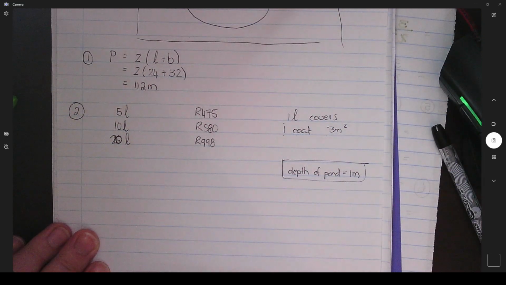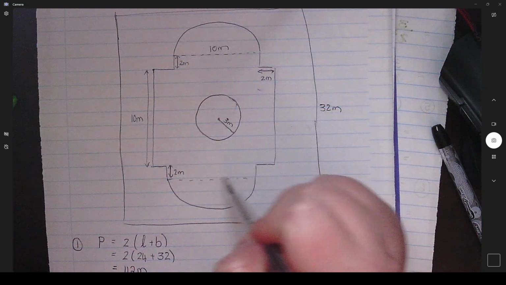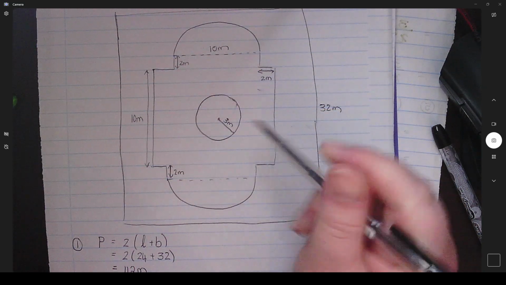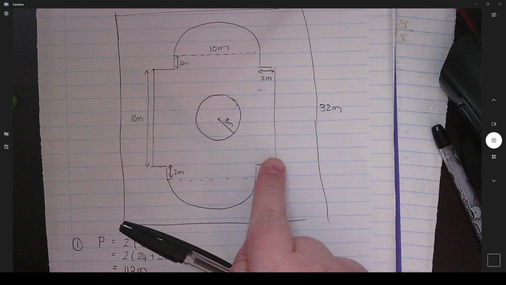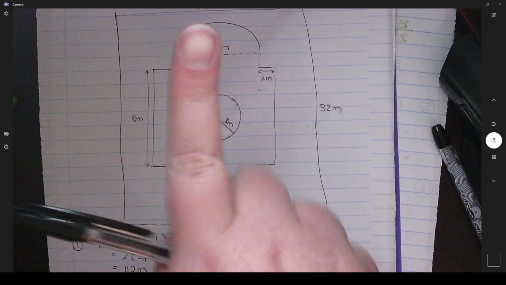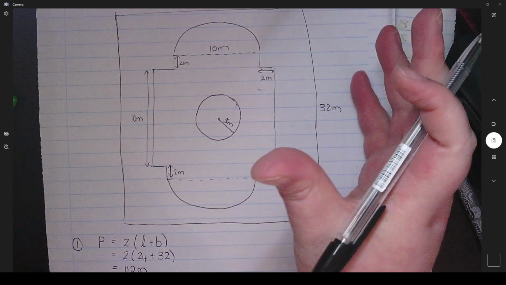They are asking us to calculate the area of the walls of the pond. So first I'm going to work out the perimeter of this entire shape, and then I'm going to multiply it by 1 meter because it's the length of the shape multiplied by its depth to get the area of the walls.